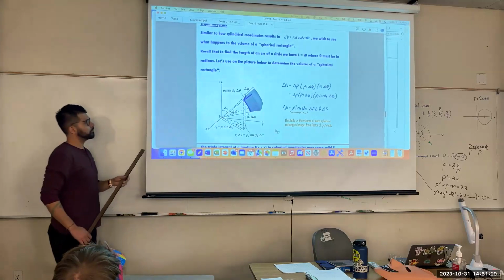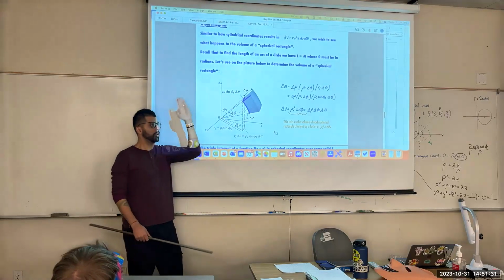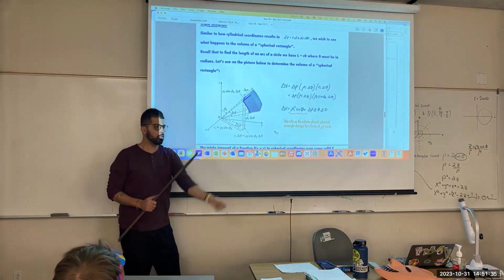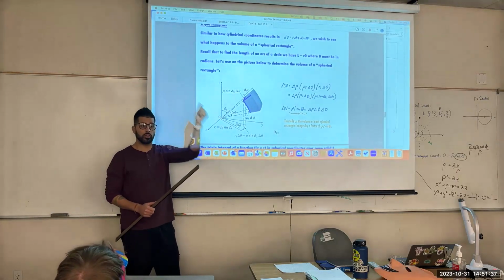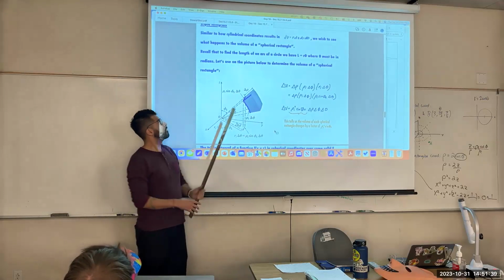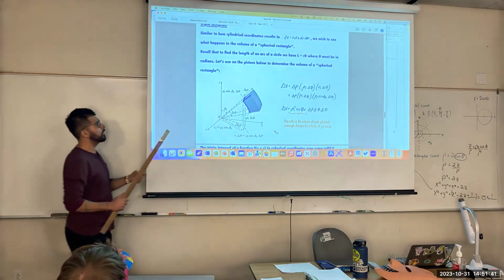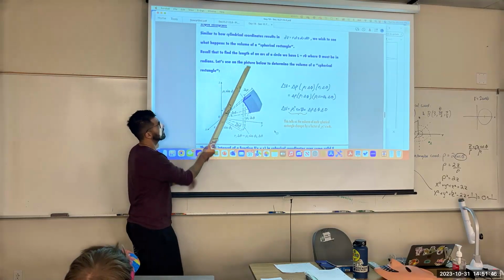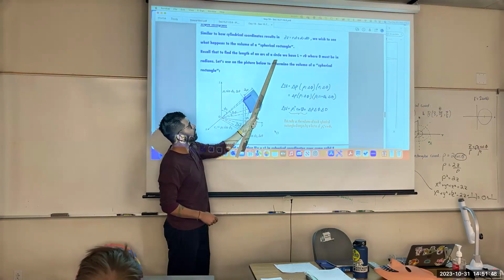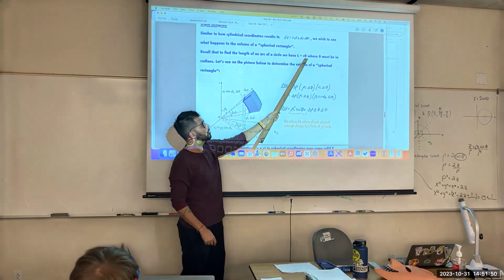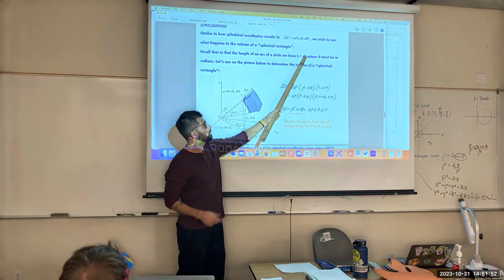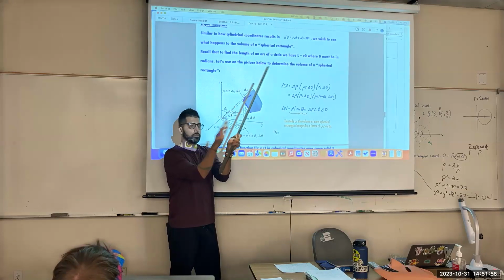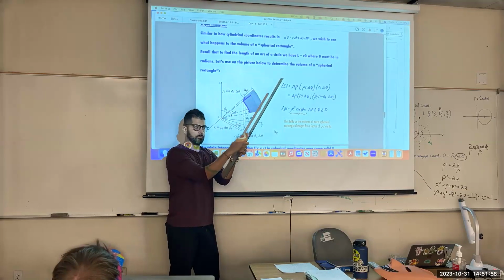Because these are arcs of circles, circular arcs, recall from pre-calculus or geometry that to find the length of an arc of a circle, you multiply the radius of the circle times the radian measure of the arc.